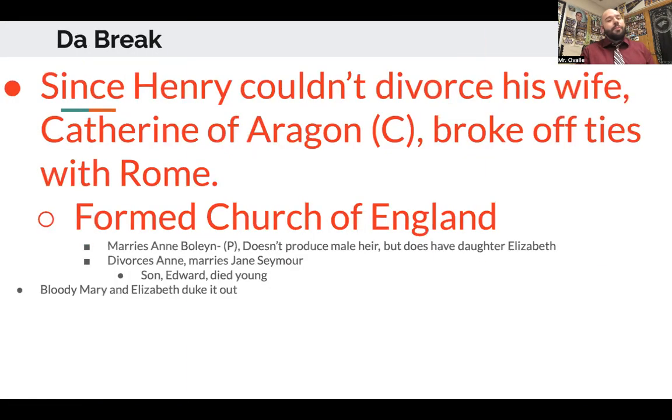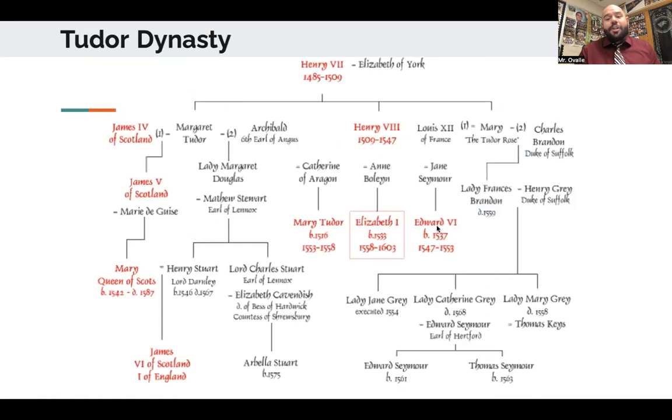Okay. I'm going backwards, I know. Sorry. So Edward dies, and then his sister comes to power, and then she dies of sickness. And then Elizabeth comes to power, and she rules for almost 50 years, 1558 to 1603. Well, she don't got no kids, man.